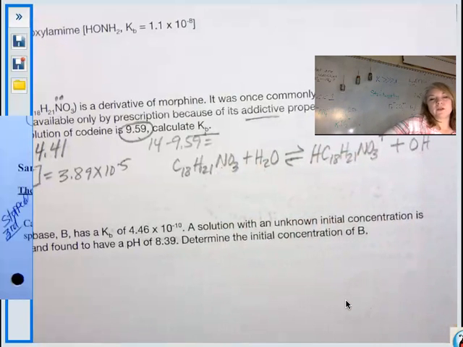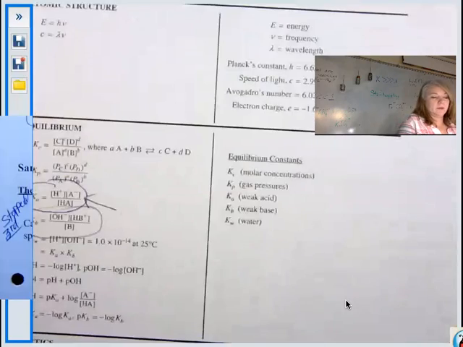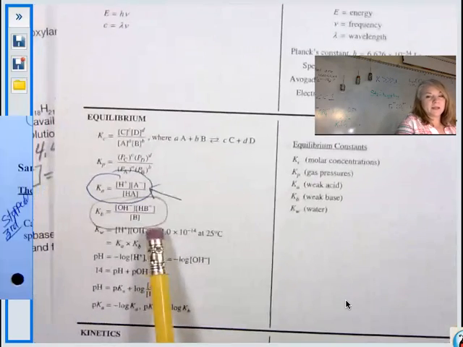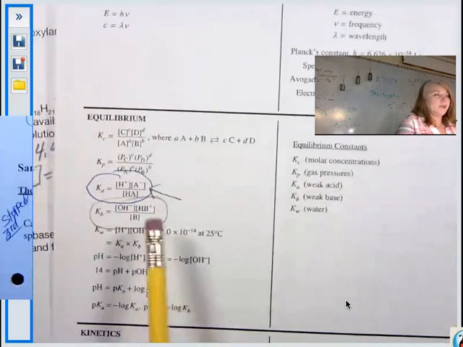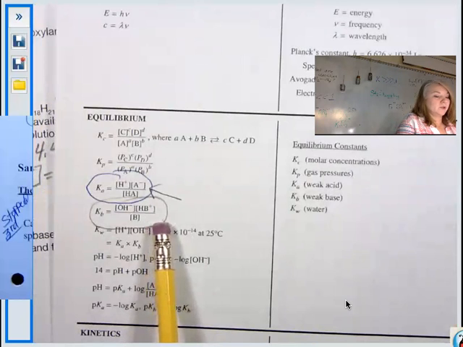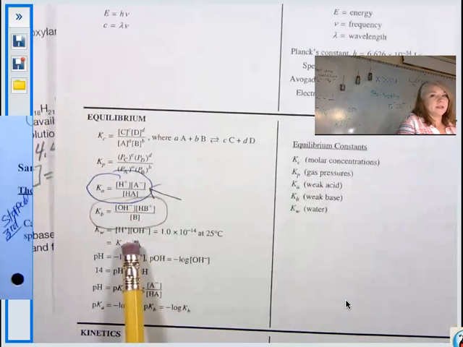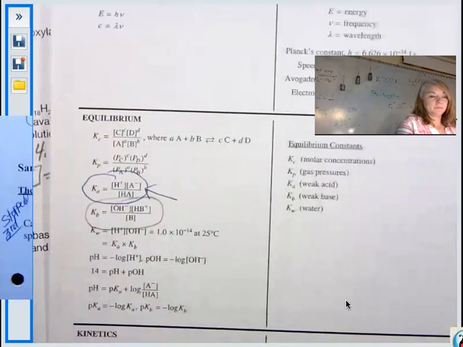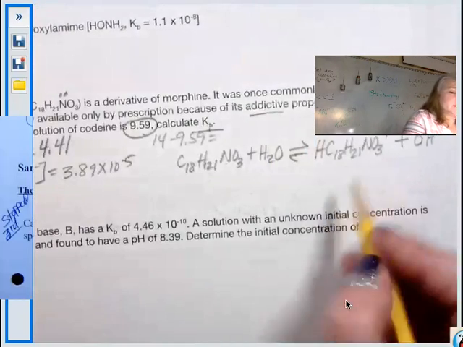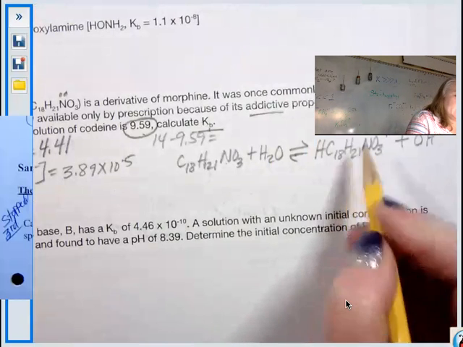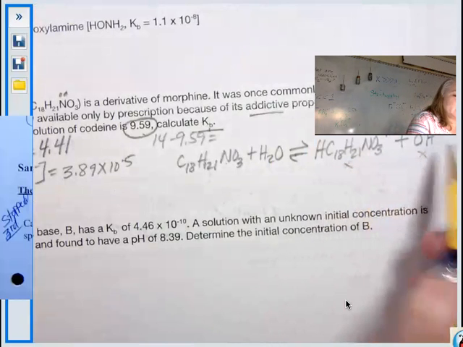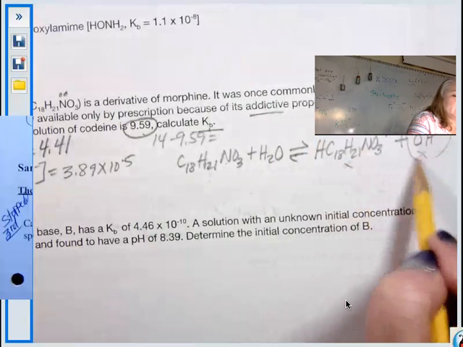That's just your equation. Now, if you wanted to cheat a little bit on these practice problems, you know you're going to plug it into the Kb expression. So it'll be OH on the top plus your conjugate divided by your base. This would normally be an X, and this would normally be an X, but don't we know this value? Yes.